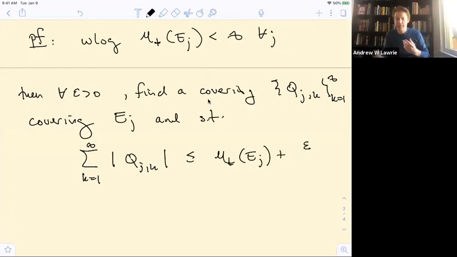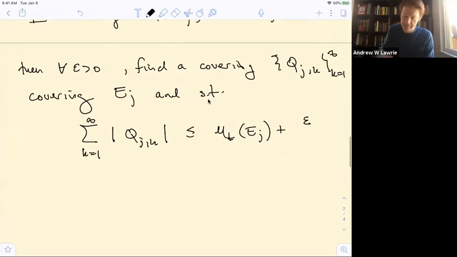Later I'm going to have to sum over all j, so I'm going to make this smaller than the epsilon I start off with.